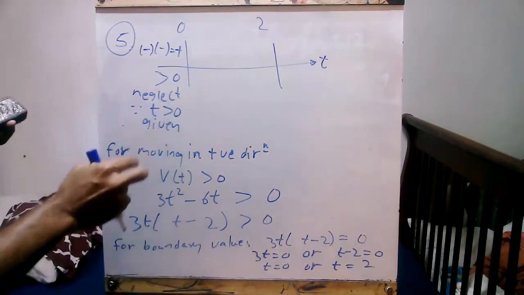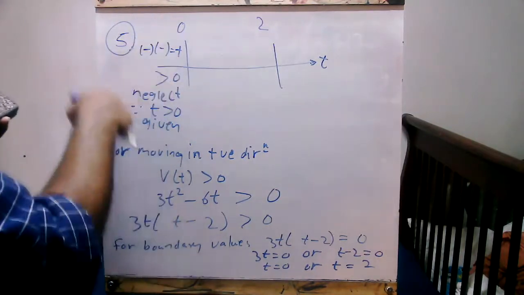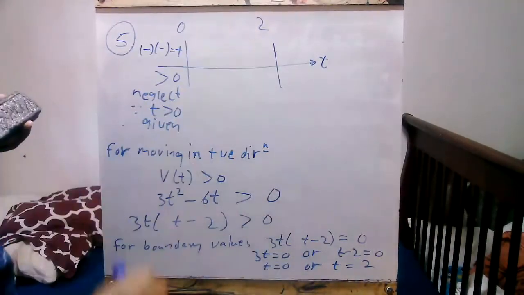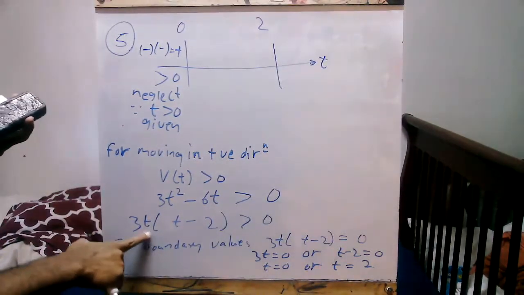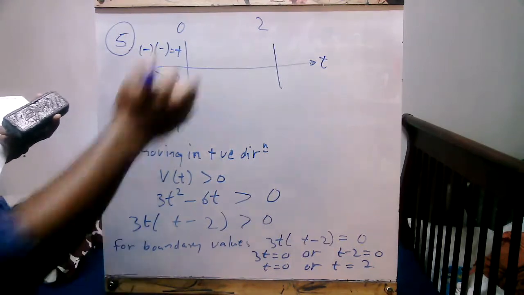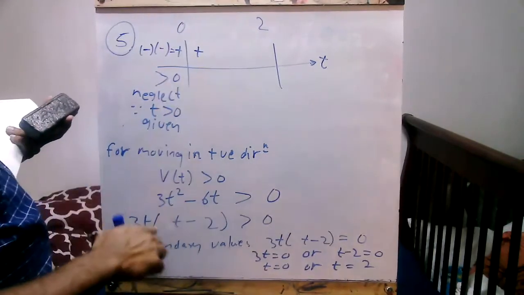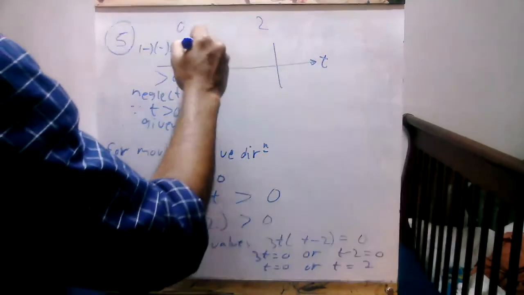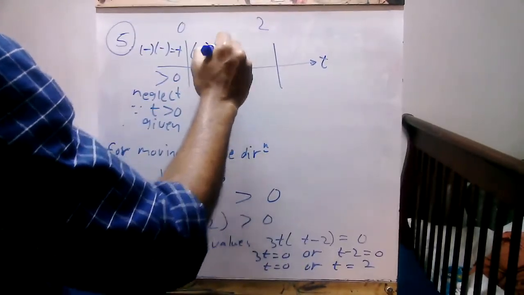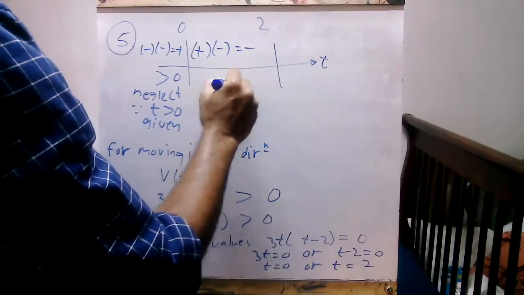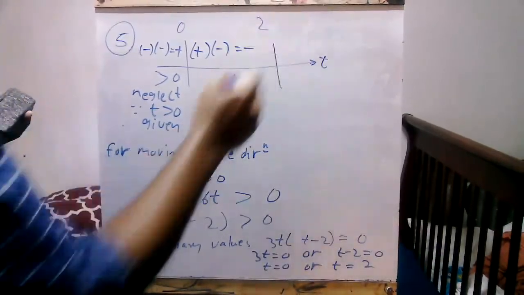Anyway, we neglect this in here. Between 0 and 2 we can substitute 1 here. 3 times 1, this is positive. When t is 1, 1 minus 2, this is negative. So this is negative, less than 0.